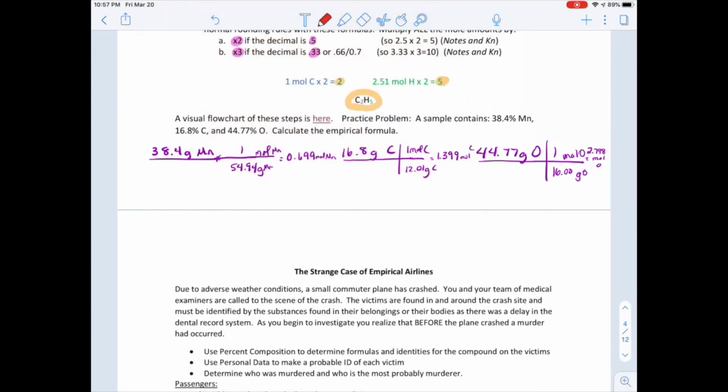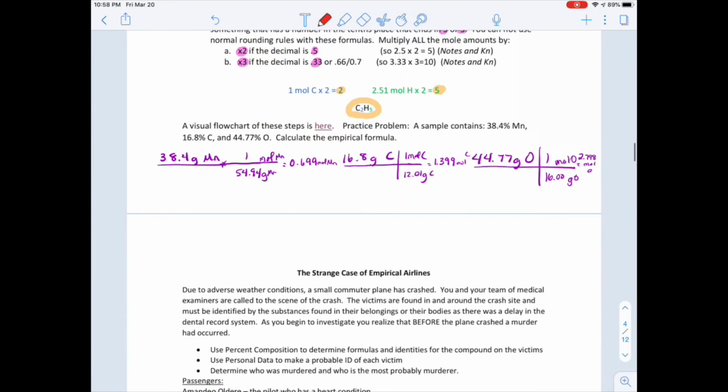So I'm going to divide by the smallest one. I'm going to compare 0.69 to 1.3 to 2.7. Definitely the 0.69 is the smallest one. So when I do that math, I'm going to get one of these.